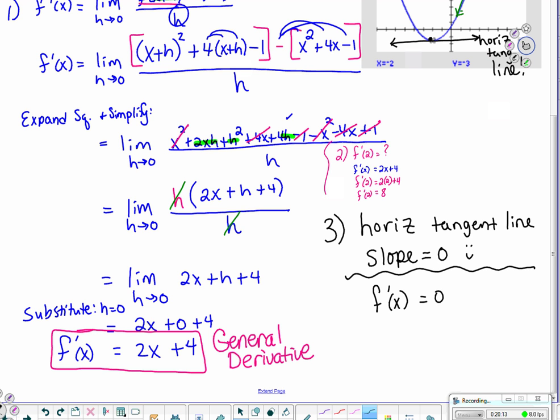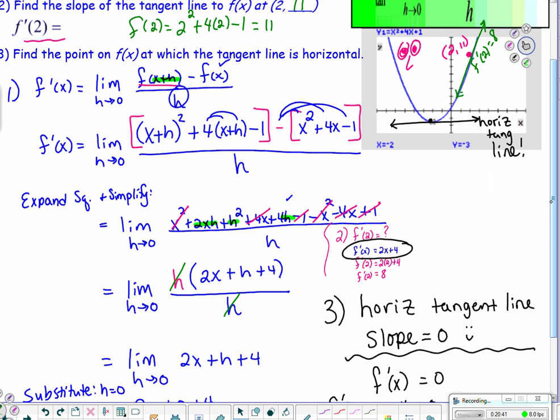We knew our derivative equation is 2x plus 4. Let's set it equal to 0. So I'm going to solve this, so I'd have 2x equals -4. Therefore, x equals -2. At x equals -2, we can expect a horizontal tangent line. Not surprising, that's kind of what we thought, wasn't it? Just based on our graphing.